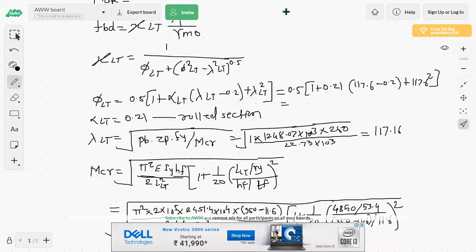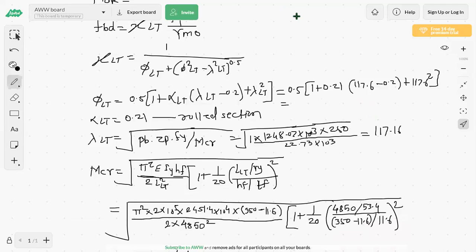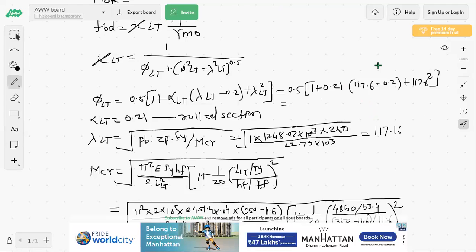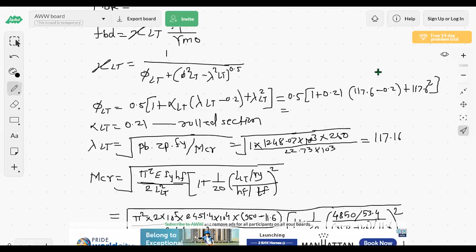Okay, 0.5. This 0.5 in bracket 1 plus 21 in bracket 117.6 minus 0.2 plus 117.6 square.